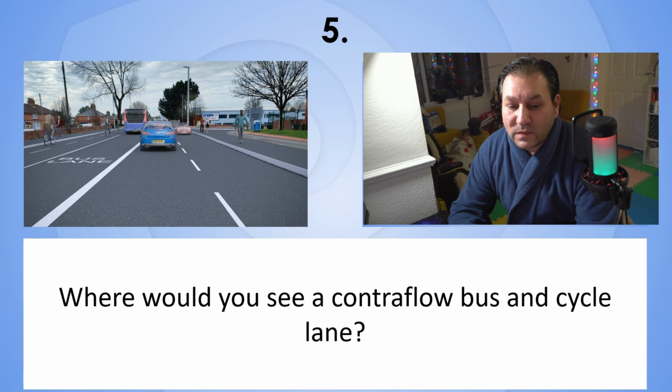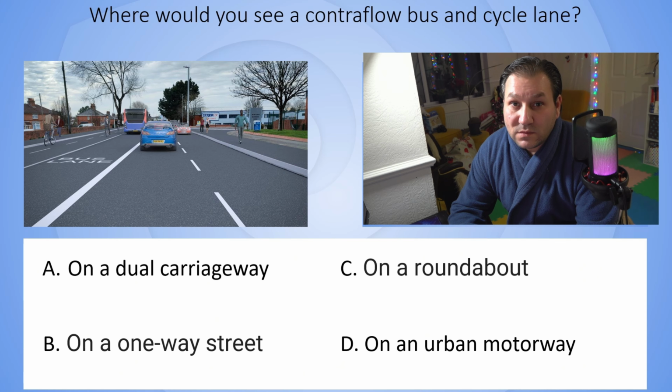5. Where would you see a contraflow bus and cycle lane? A, on a dual carriageway. B, on a one-way street. C, on a roundabout.